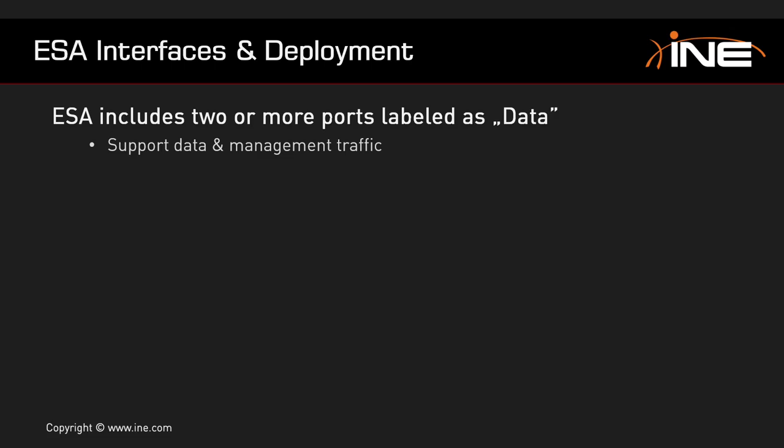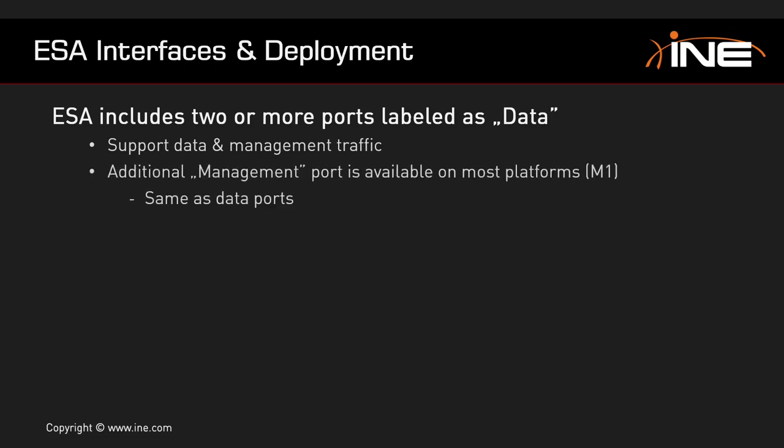In case of the ESA, all interfaces, including this optional management port labeled as M1, whether you have it or not is going to depend on the platform, can be used for data, for management, or for both types of traffic.